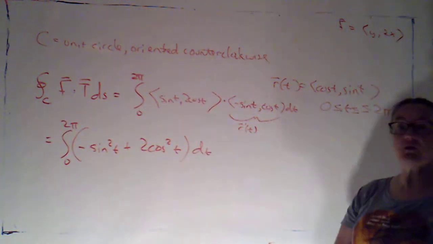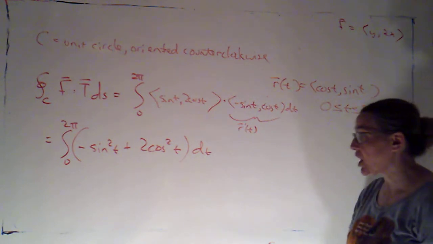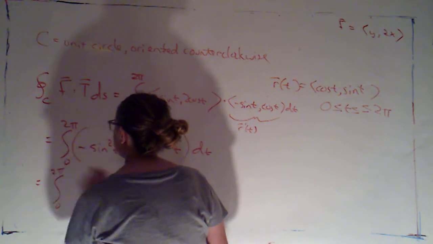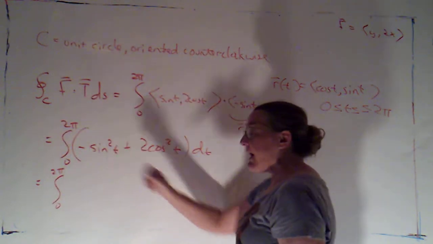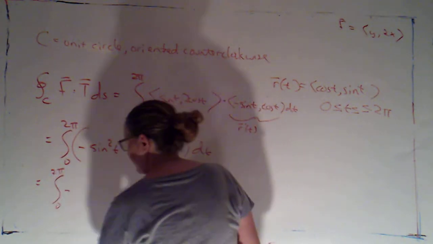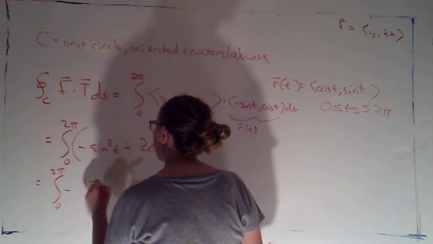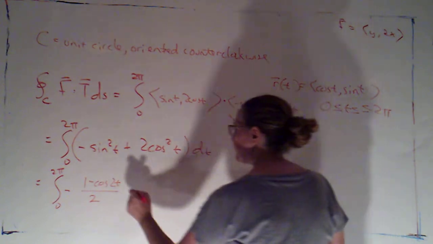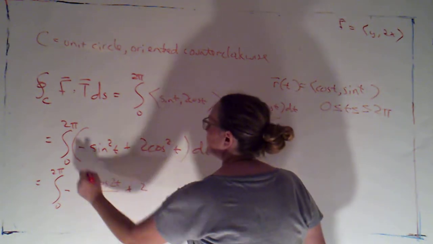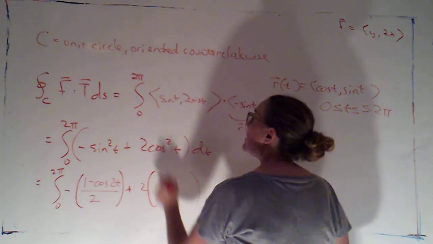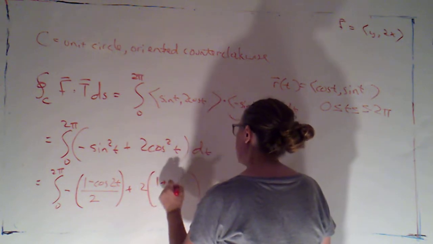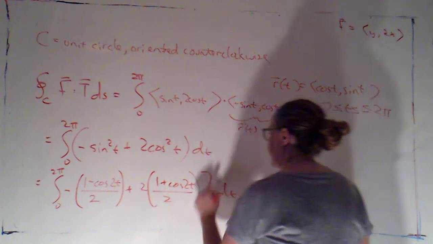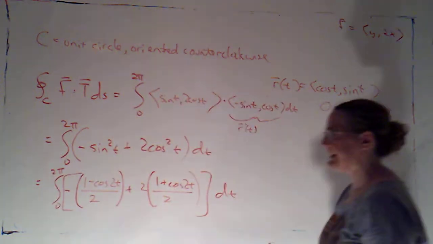So it looks like we're going to be using our double angle formula for cosine for both of these parts. So integral from 0 to 2 pi. Sine squared would be 1 minus cosine 2t over 2, and there's a negative there, plus 2 times cosine squared, which is 1 plus cosine 2t over 2, and we're integrating that dt.